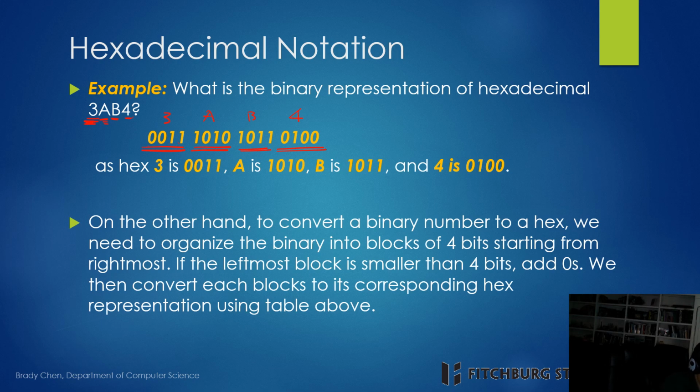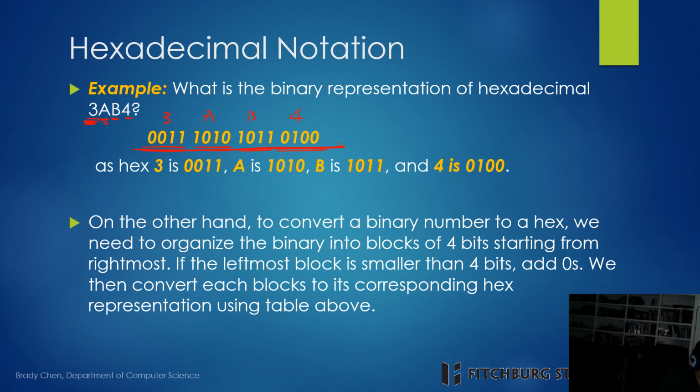So the hexadecimal 3AB4 is the same as the binary number 0011, 1010, 1011, 0100. So this is the conversion from hexadecimal to binary numbers. Now, we can also easily convert the binary number back to hexadecimal. Let's take a look at two examples.